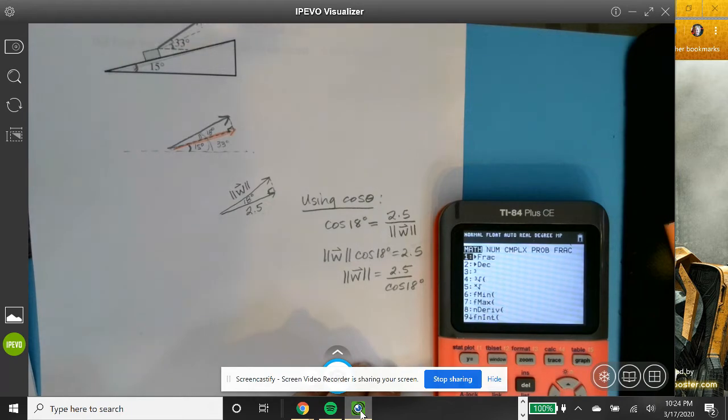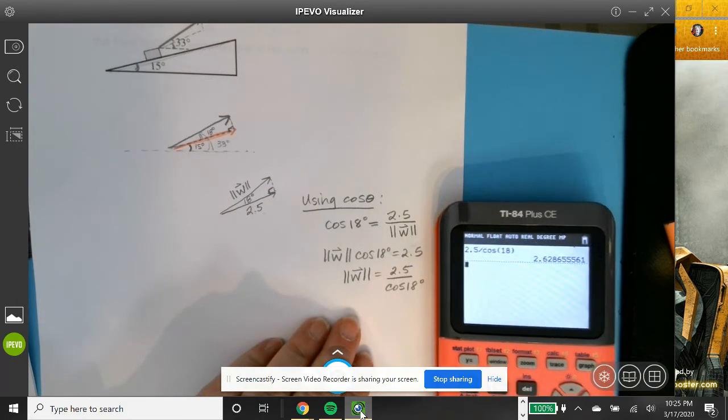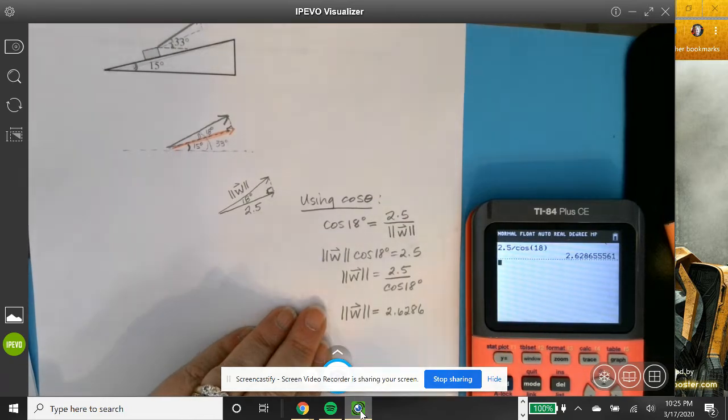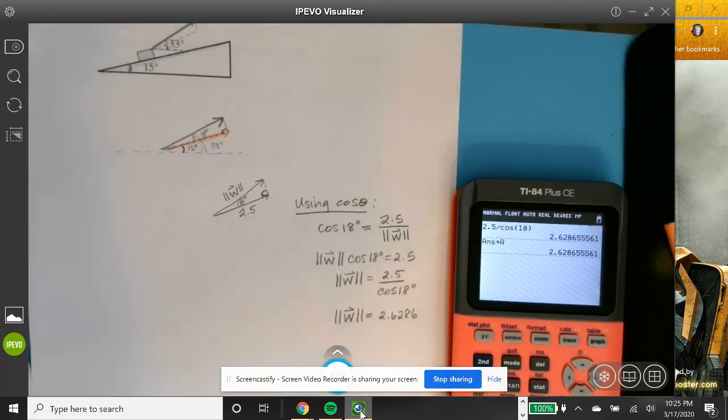So I'm going to go 2.5 divided by the cosine of 18 degrees. And I'm going to get 2.62. So the magnitude of W is 2.6286, blah, blah, blah. Okay. I'm actually going to store that number. Store alpha A. There we go. All right.